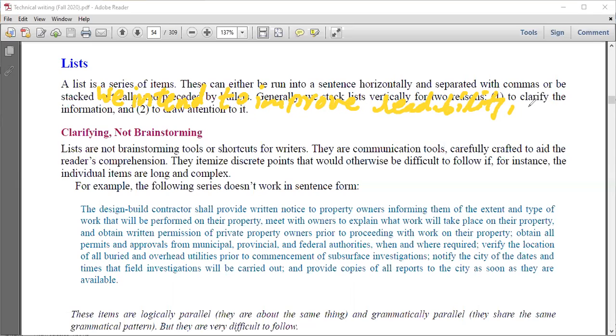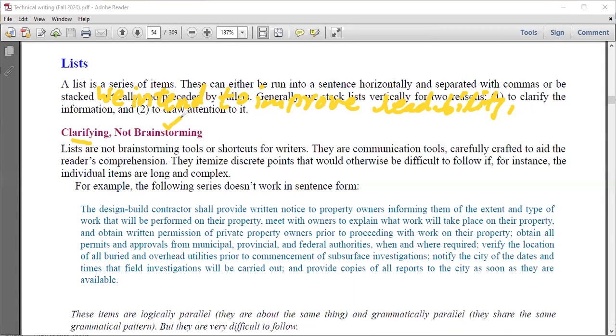So if we want things clearer to the reader, especially when we are presenting a series of items, or complex information in which some sort of sequencing is involved, we have to use a list. So a list is different from brainstorming. Keep that in mind.